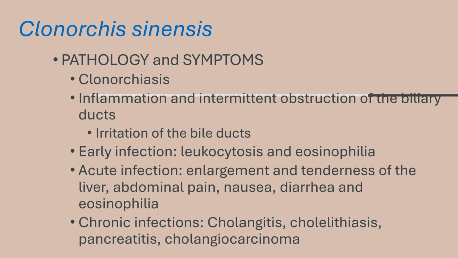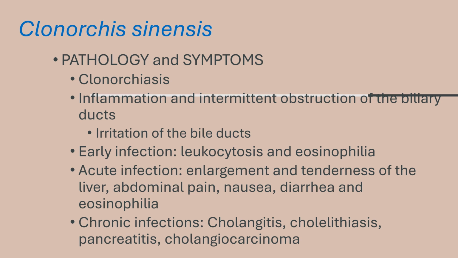Again, heavy infections of your Clonorchis sinensis will cause thickening and localized dilatations of the bile ducts with hyperplasia of the mucinous glands. In early infections, you have leukocytosis and eosinophilia.